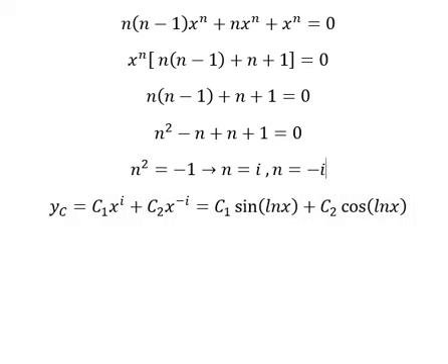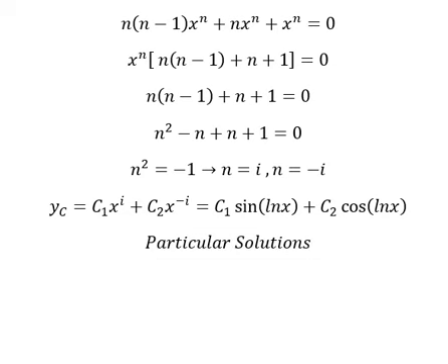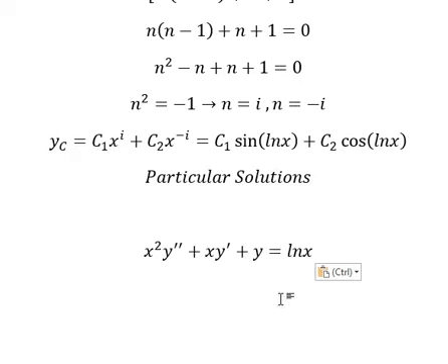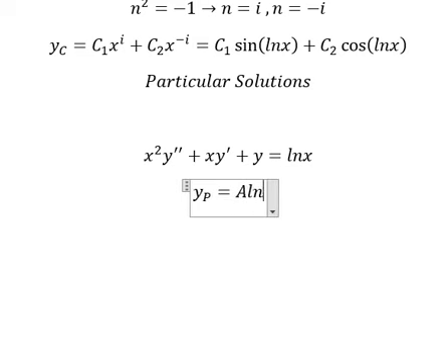Now we need to find the particular solution. So we have this one, and we can see that we have ln s. So in this situation I will put yb as A ln s, and we put B as the constant.